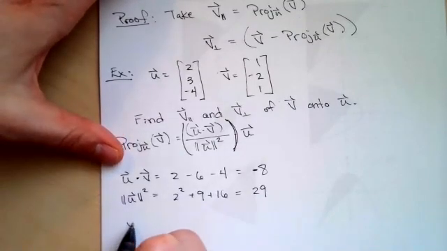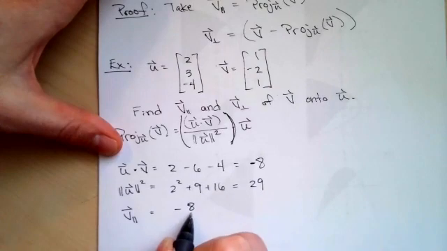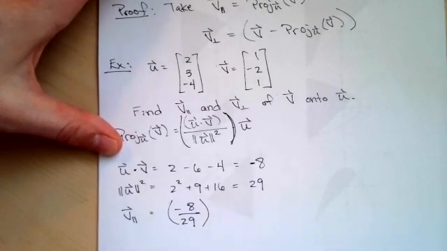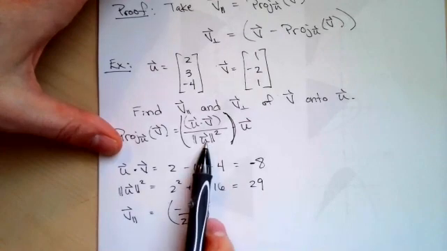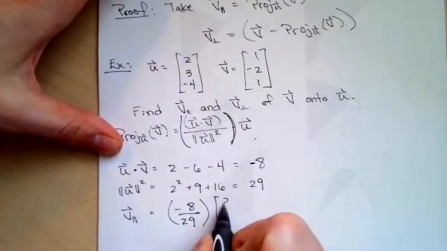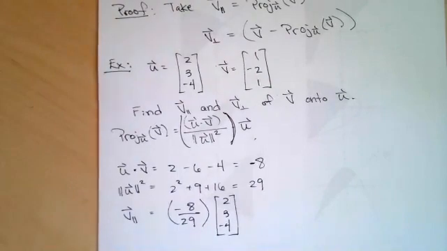And so our v parallel is going to be minus 8 over 29 times v, or excuse me, times u. You can leave it like that.